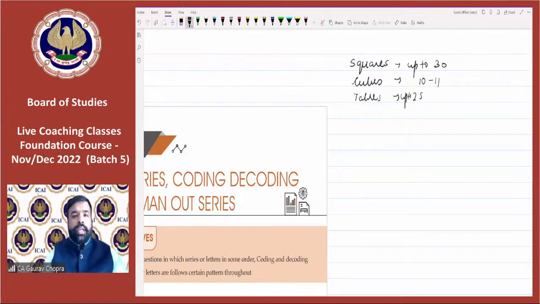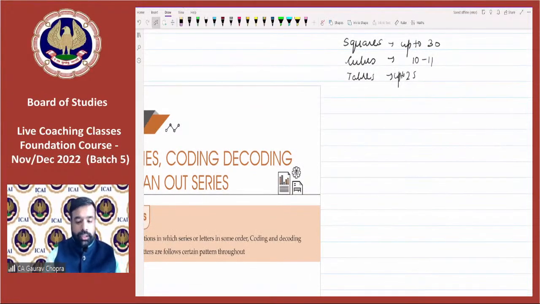All right. So let us see the squares first. So we are writing squares. Now what is the square of 1? It is 1. Square of 2, 4.